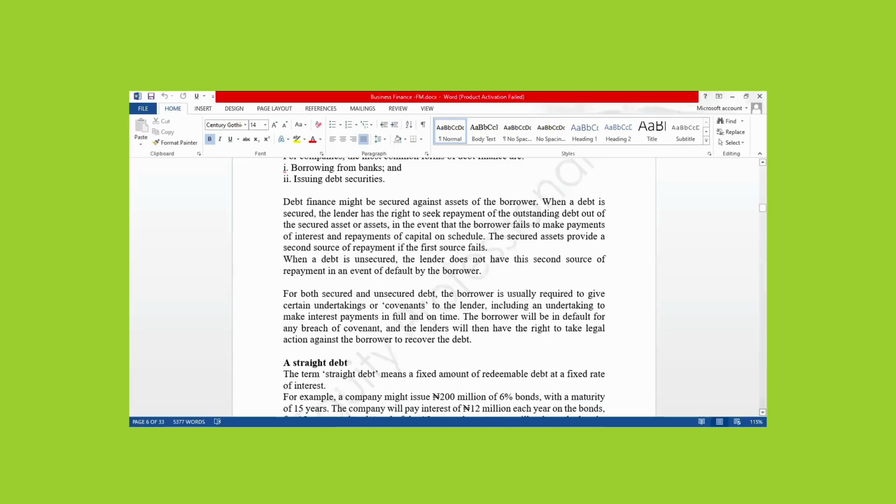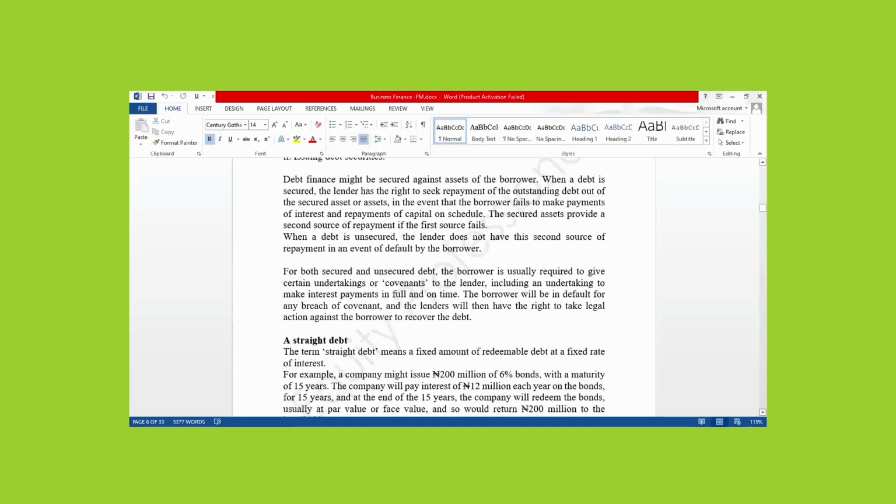And we also stressed the fact that when it comes to borrowing, if a company utilizes debt finance, it comes with conditions, covenants attached to the borrowing. If you are trying to borrow money, the lenders will give you some conditions.